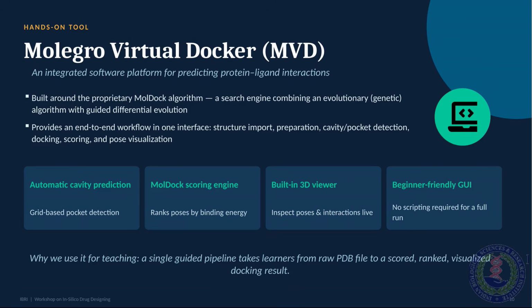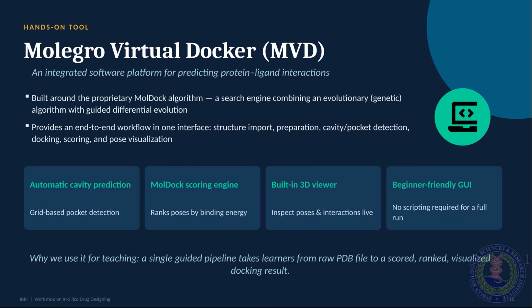Now let's introduce our hands-on tool, Molegro Virtual Docker, or MVD, an integrated software platform for predicting protein-ligand interactions. It is built around the proprietary MolDock algorithm, a search engine combining an evolutionary genetic algorithm with guided differential evolution. MVD provides an end-to-end workflow in one interface: structure import, preparation, cavity detection, docking, scoring, and pose visualization.